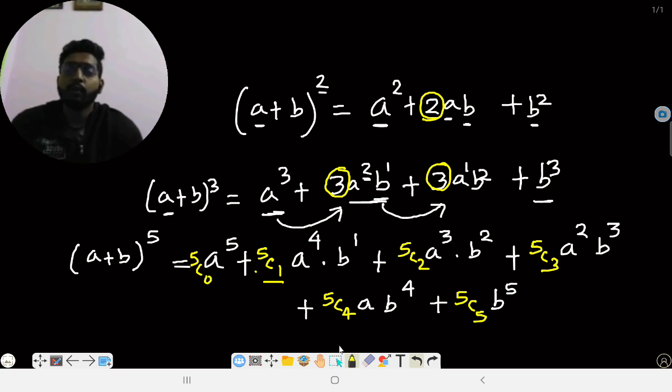So this is the form of (a plus b) whole to the power 5. It is a to the power 5, and 5c0 is 1, plus 5c1 a to the power 4 b, 5c2 a cube b square, 5c3 a square b cube, plus 5c4 a b to the power 4, plus 5c5 b to the power 5.